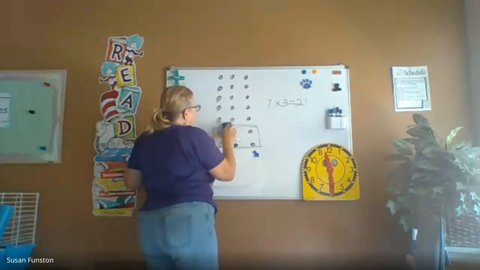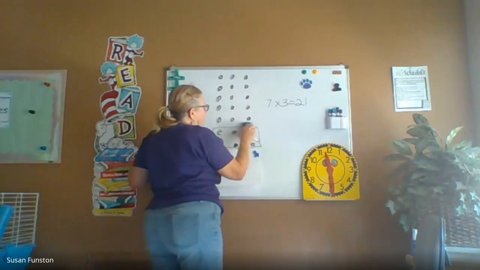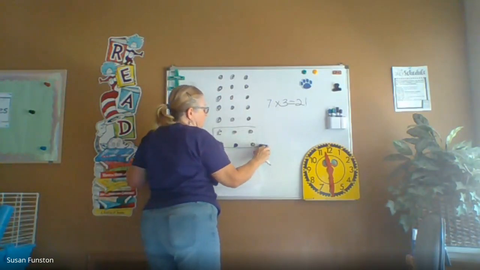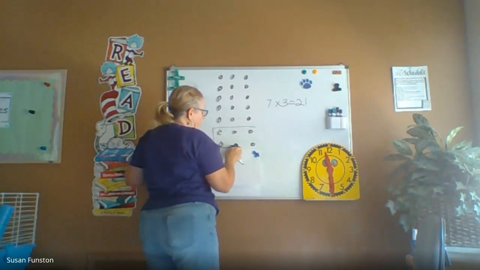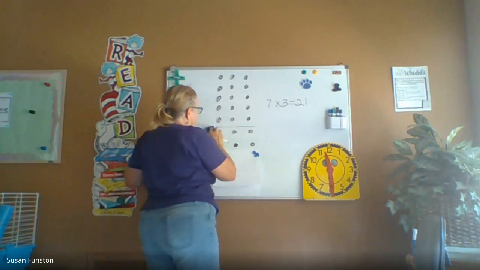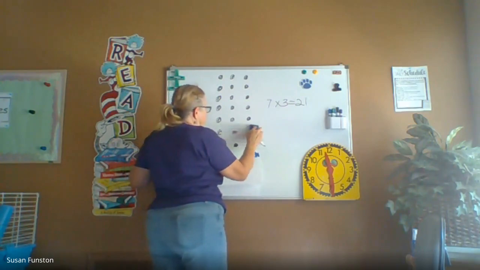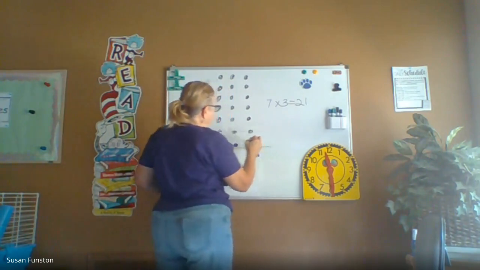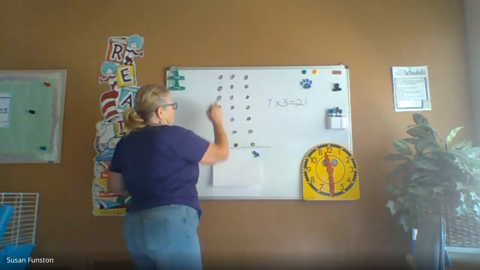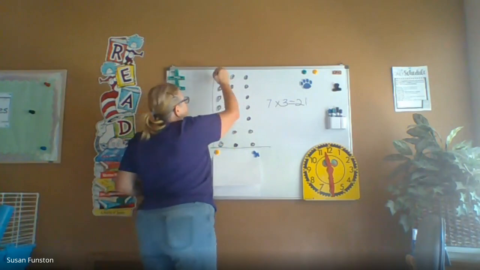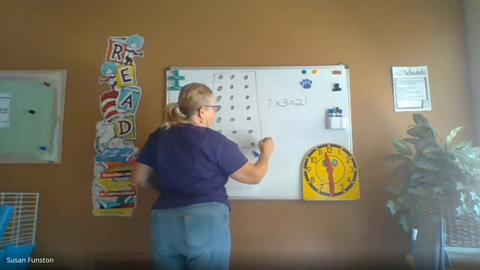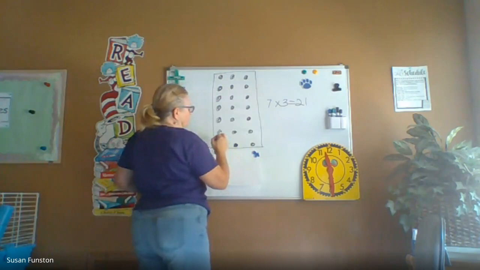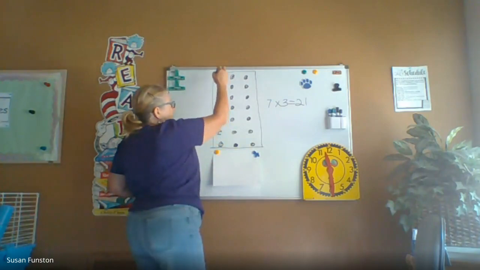Okay, and we agree, right, that we figured out that 7 times 3 is 21. Okay, so here is my array that shows 7 times 3. 7 rows of 3. 1, 2, 3, 4, 5, 6, 7.